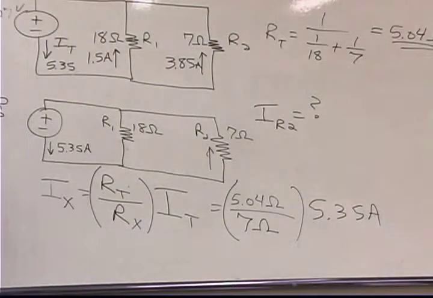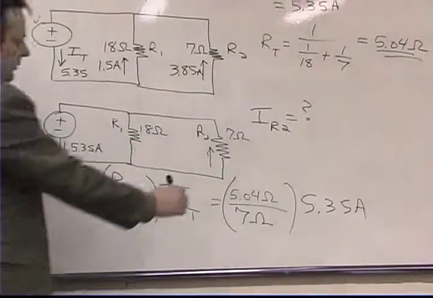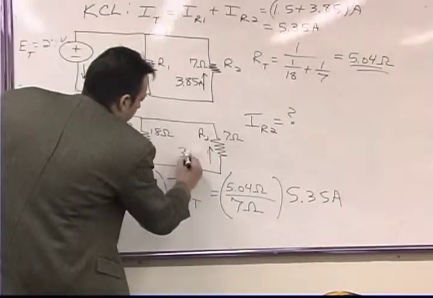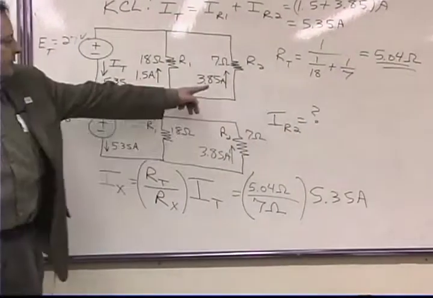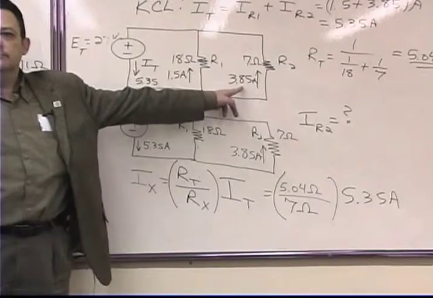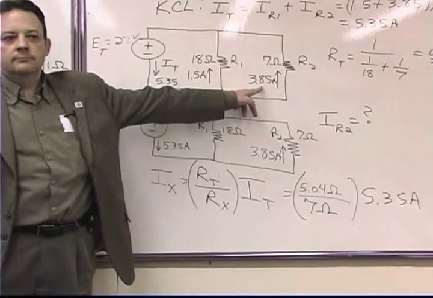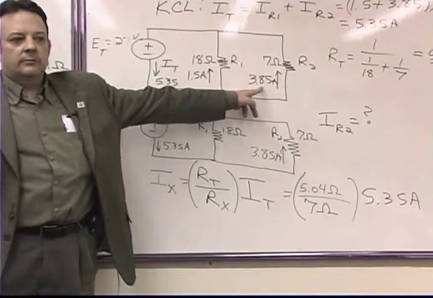Now, when you calculate that, you're going to get 3.85 amps. Same current we got there. Okay? Verify that for me.